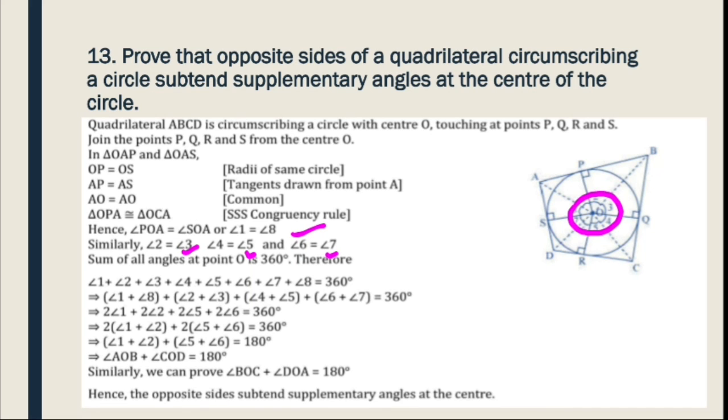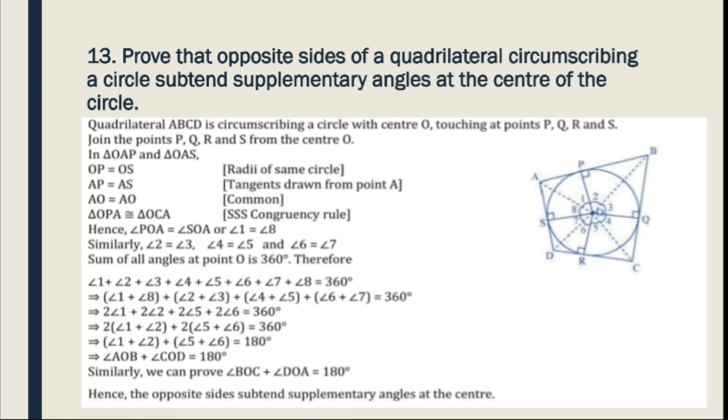That means the sum of these 8 angles is equal to 360 degrees. Now take this 1 with this 8, 2 with 3, 4 with 5, 6 with 7 and put them in a bracket. Now since angle 1 is equal to angle 8, in place of this one you can write 2 angle 1, similarly 2 angle 2, similarly 2 angle 5, similarly 2 angle 6.